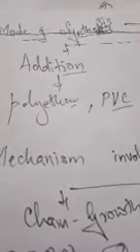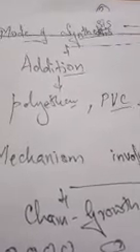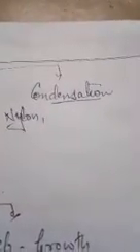Second point, these involve unsaturated compounds. Unsaturation, that is double and triple bonds. Examples are polythene and PVC. So these are addition polymers in which units go on adding with each other. Polyethylene and PVC.